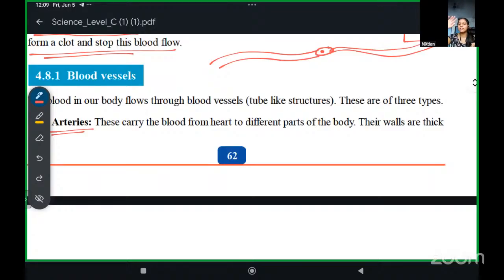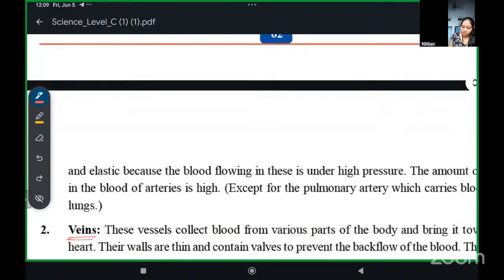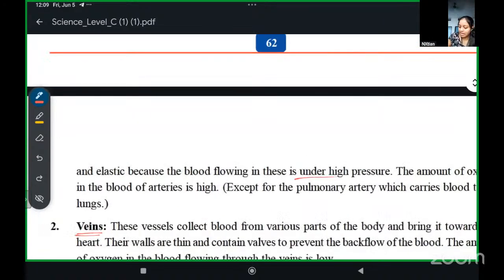Now, when it goes from the heart to the rest of the body, it comes at a high pressure. So that is why the walls of arteries are thick, because blood is under high pressure.